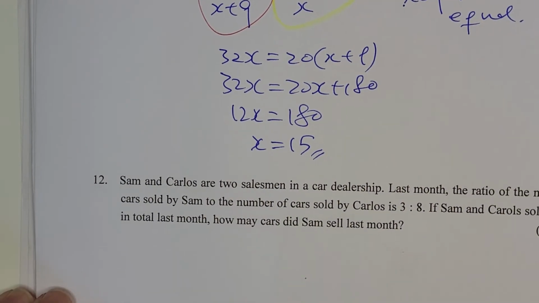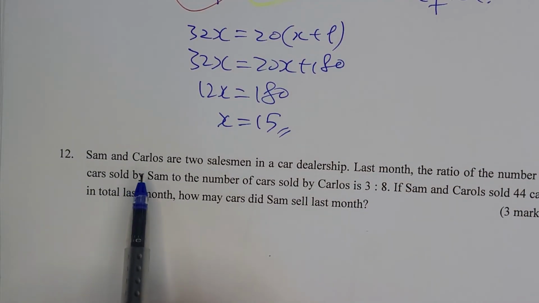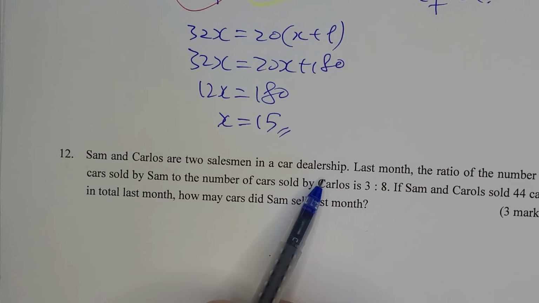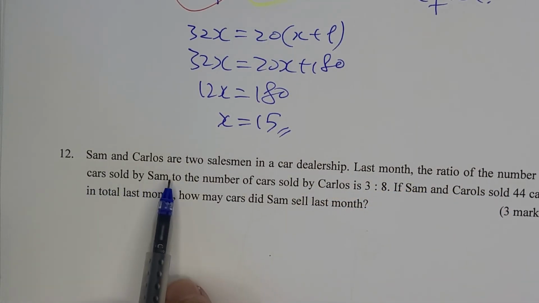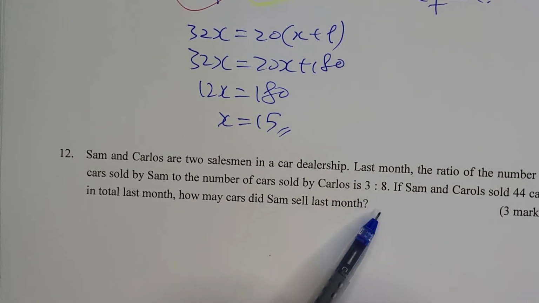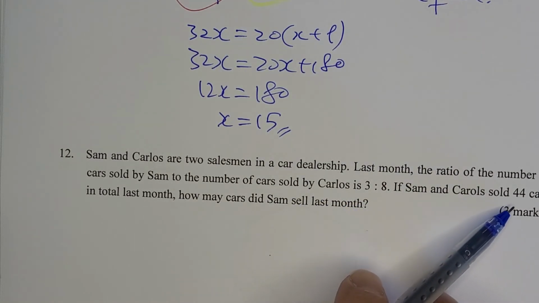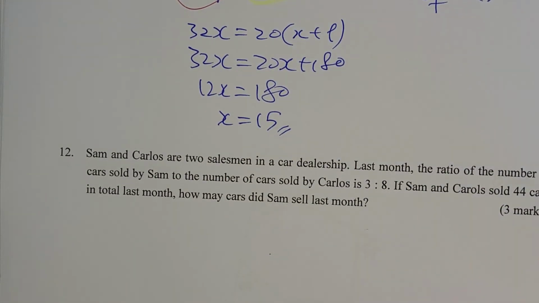Okay, question number 12, that's the question about ratio. Sam and Carol are two salesmen in a car dealership. Last month, the ratio of the number of cars sold by Sam to the number of cars sold by Carol is 3 to 8. If Sam and Carol sold 44 cars in total last month, how many cars did Sam sell?